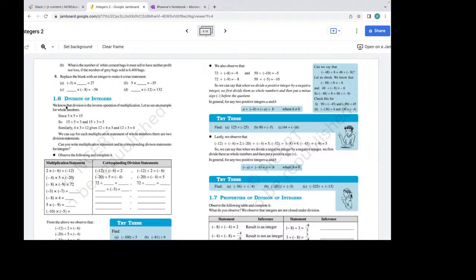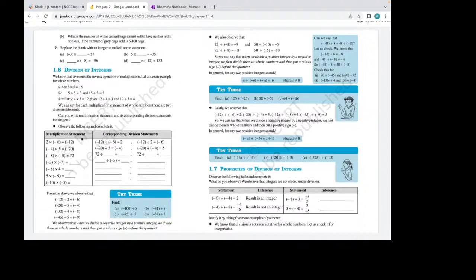We have learned about addition of integers, subtraction of integers, multiplication of integers, and now we are going to learn about division of integers. Division of integers is somehow identical to the division of whole numbers.